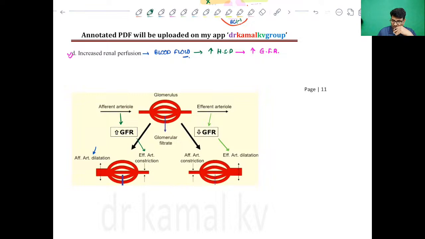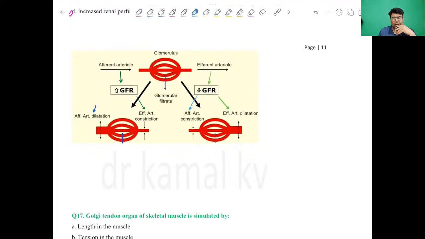Similarly, GFR will reduce in relation to the afferent arteriole if there is afferent arteriolar constriction, which will reduce the amount of blood flow to the glomerular capillaries. If you can just remember this much, you will never be wrong in your answer, right? So afferent arteriolar dilatation, more blood flow to the glomerular capillaries, or efferent arteriolar constriction, again more blood will stay in the glomerular capillaries, so GFR will increase.